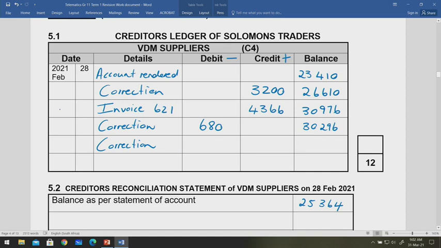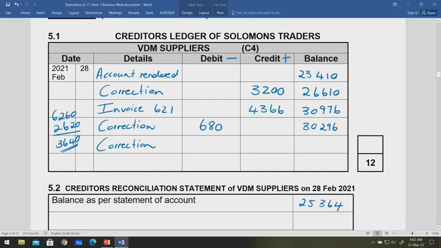The payment that we made was 6,260. We entered it as 2,620. So there's a difference of 3,640. So that's the amount that we are looking at.